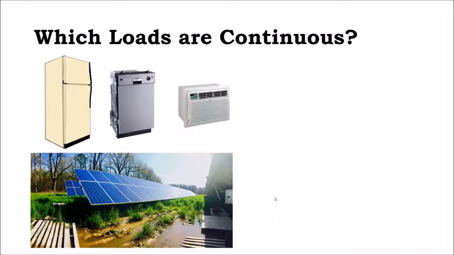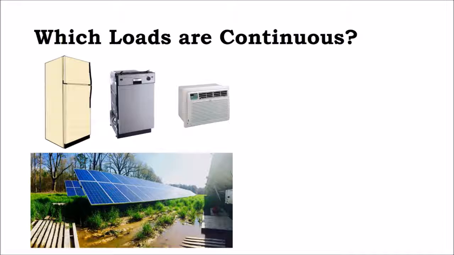So which of these loads are continuous? We have the refrigerator, the solar array, the washing machine, and the air conditioner unit. Now, your refrigerator might have a duty cycle where it clicks on and then it clicks off, and then it clicks on and then it clicks off. And the same thing with your air conditioner. We already talked about the solar array.